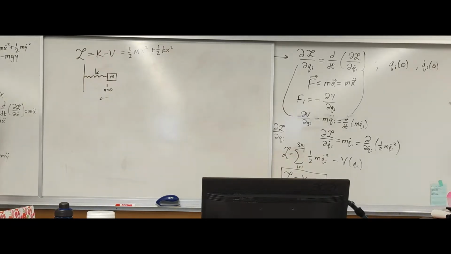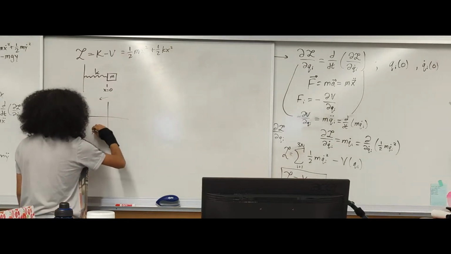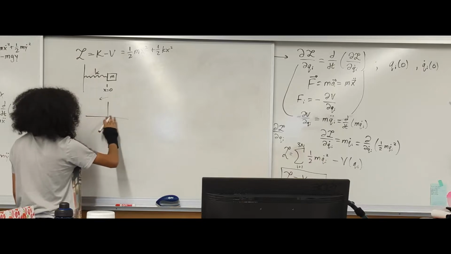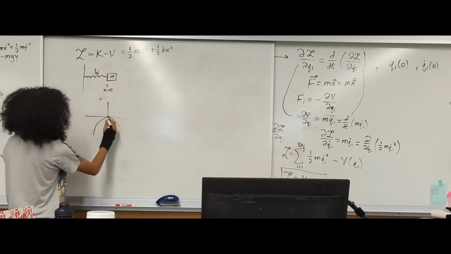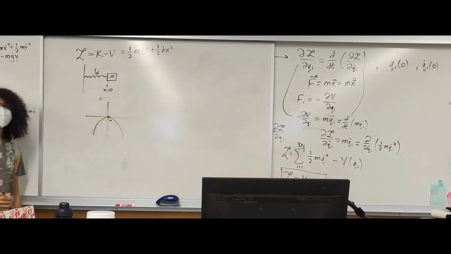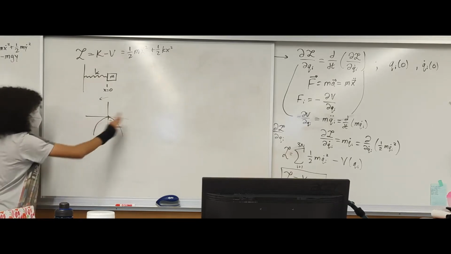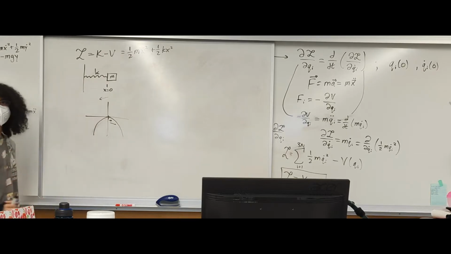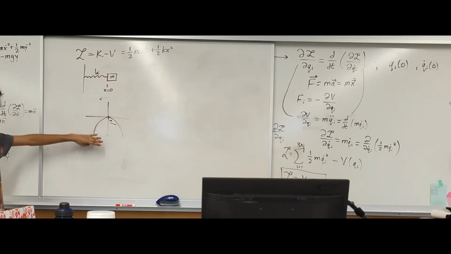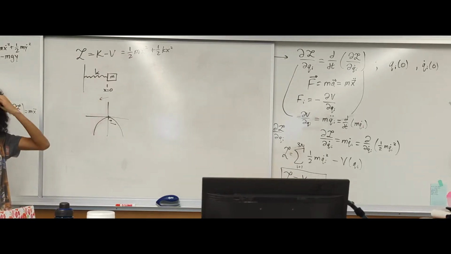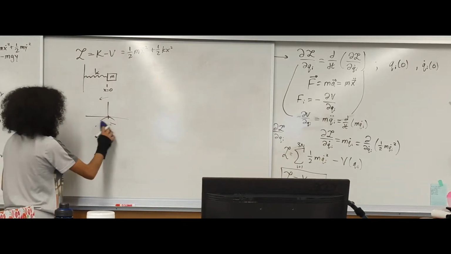So if the potential energy looks like this and we push the block in this direction, the force will continue pushing in this direction, which is not what happens. So it should be flipped across the x-axis.